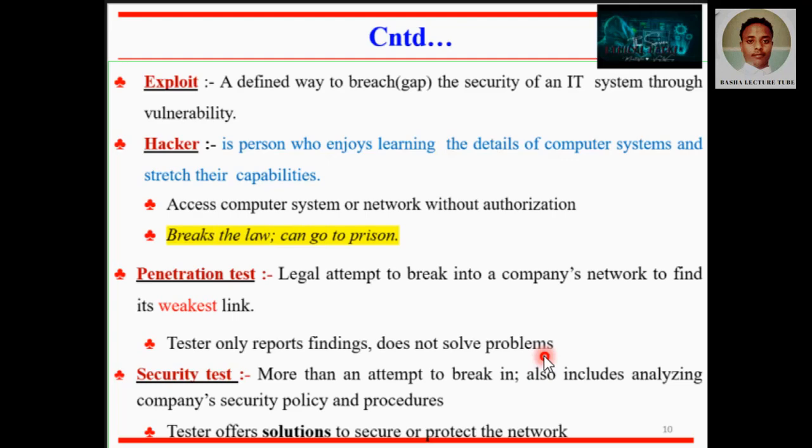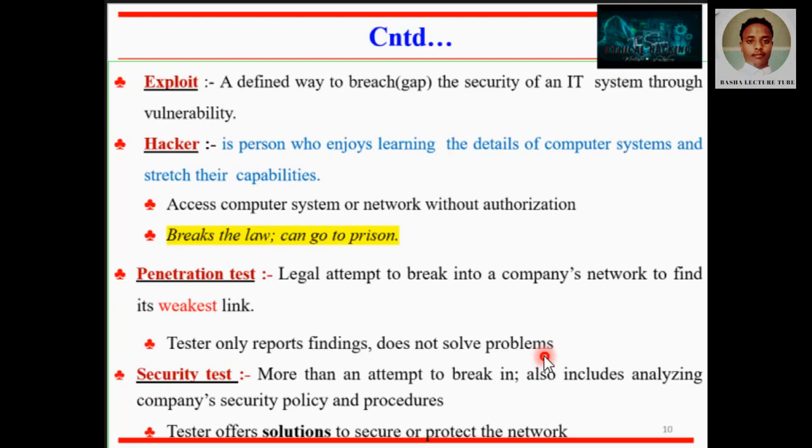If you break the law as a hacker, you can go to prison, because accessing a company's assets without authorization makes you responsible.